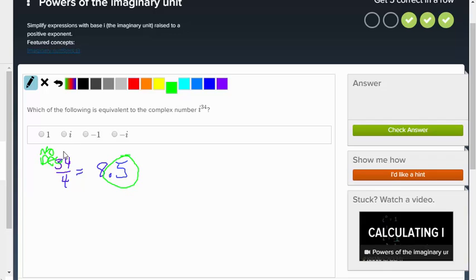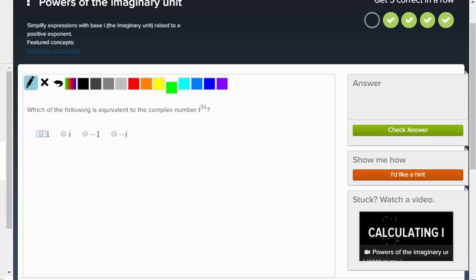If I get 0.25, my answer is i. If I get 0.5, my answer is negative 1. And if I get 0.75, my answer is negative i. So I got 0.5, so my answer is going to be negative 1.